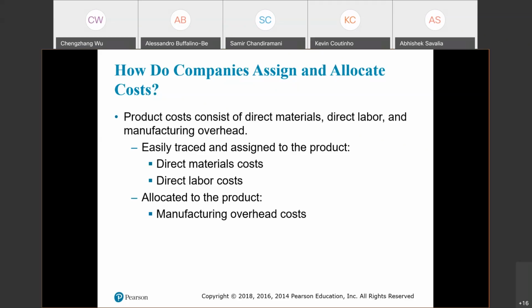So before beginning production on a batch of tablets, a calibration setup is needed. So here we can see the setup is when the company prepares the manufacturing line to produce a different product.